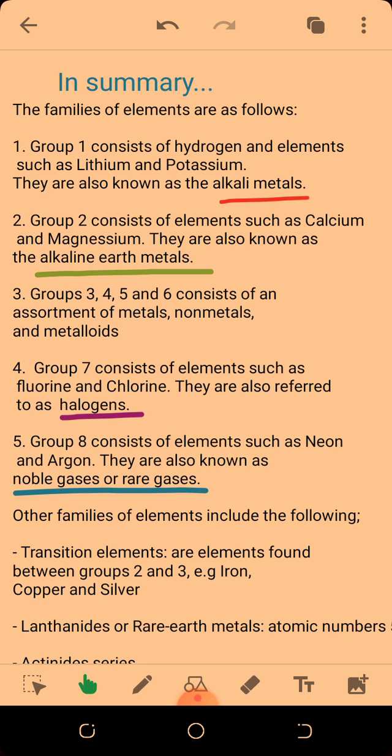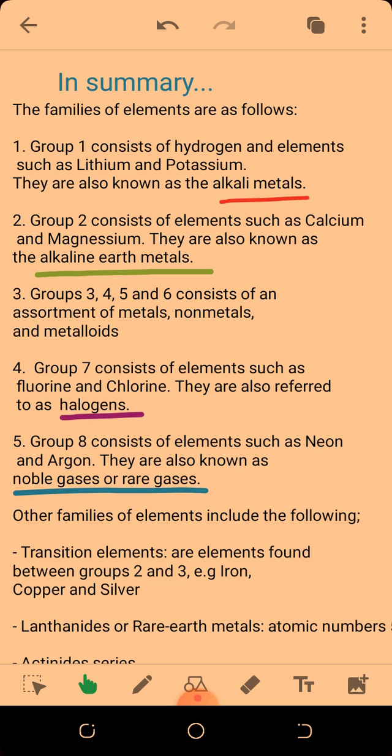They are usually non-reactive, compared to group 1 family, which are very reactive because they have just 1 electron in their outermost shell. So there you have it, the families of elements in the periodic table.